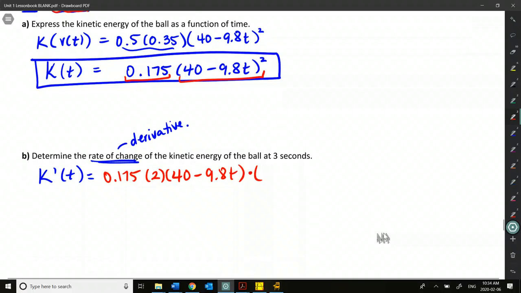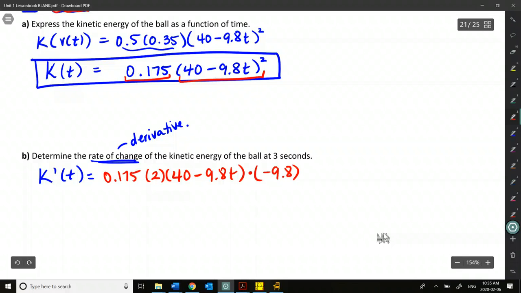So what's the derivative of the inside? Negative 9.8. It is a part of the function, but I'm just saying anytime we have a constant multiple, like if you're doing the derivative of 2x cubed, let's say, we keep the multiple out front, and then we apply the derivative of the x cubed part.